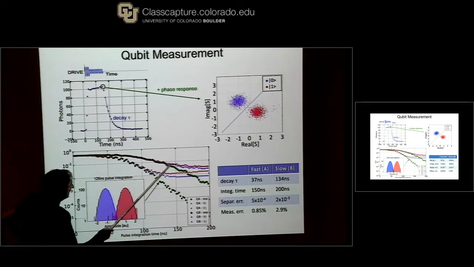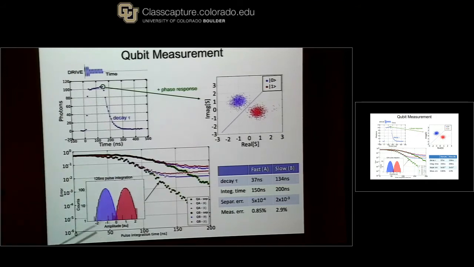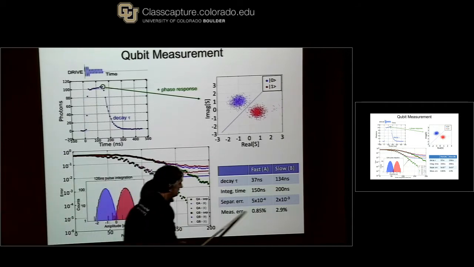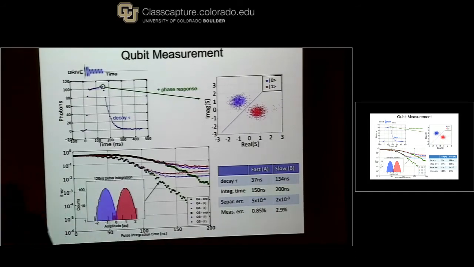And the other qubit, which is our slower qubit, you want to integrate a little bit more till you get the small error rates. Okay? And you can get errors around the 1% level looking at this way.